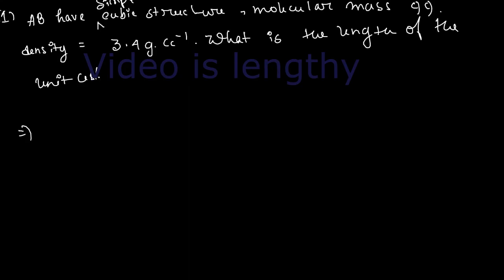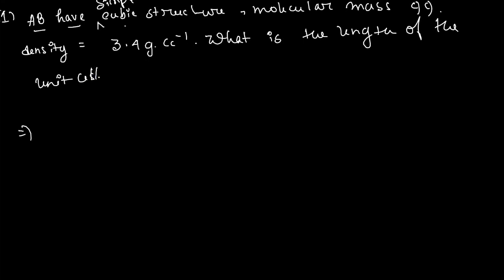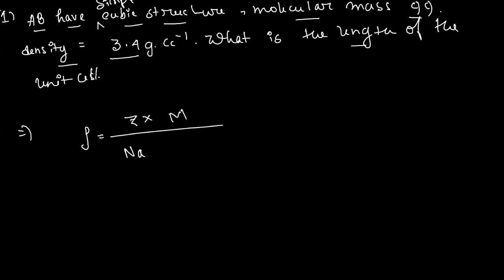So here it is asked: AB has a simple cubic structure, molecular mass is 99 and density is 3.4 gram per cc. What is the length of the unit cell? Now as we know about the density equation, rho is equal to Z into M divided by Na into a cube.